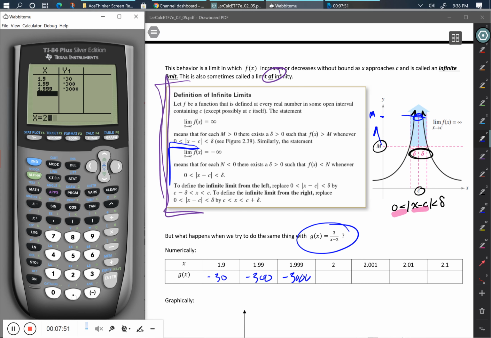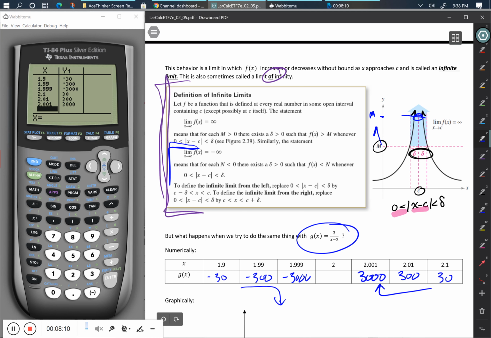How about 2.1, 2.01, 2.001? Coming in from the right, though, what's happening? Well, this side it's going down, this side it's going up, so what's going to be the limit?